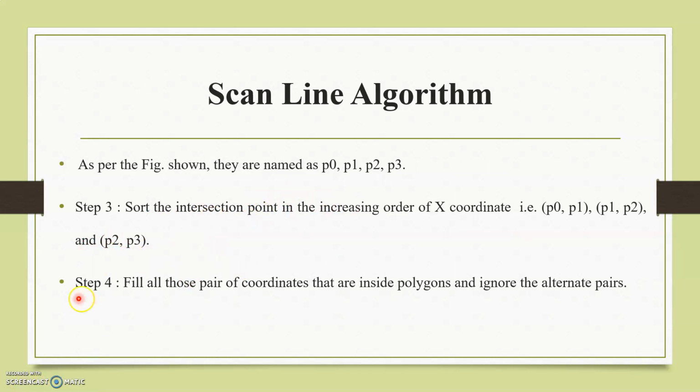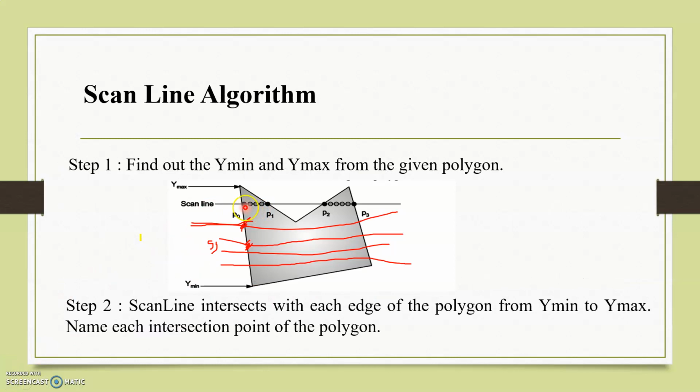After sorting the intersection points, step 4 is to fill all those pairs of coordinates that are inside the polygon and ignore the alternate pairs. You have to fill the pairs which we made previously.